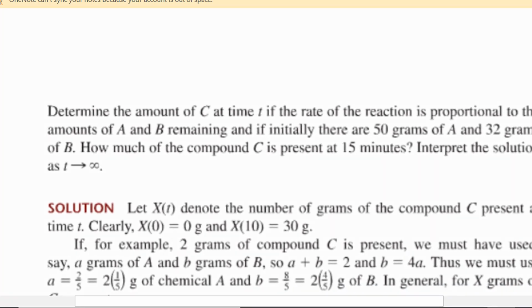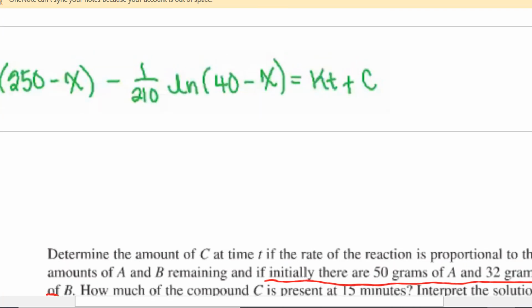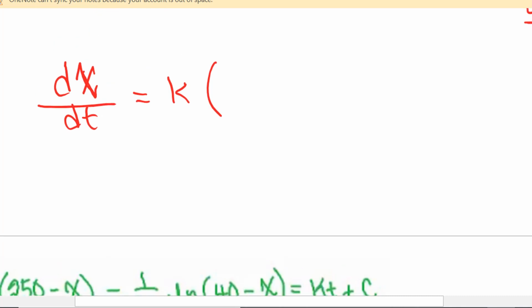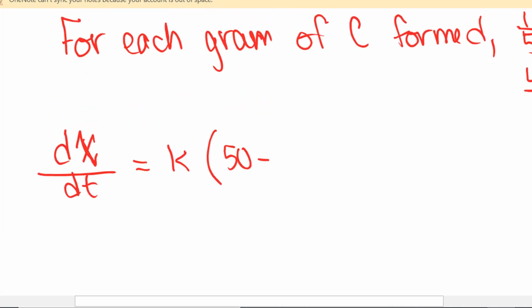So it says initially there are 50 grams of A and 32 grams of B. So what we're starting out with is 50 grams of A, but then for every gram of C formed, we're losing 1/5 of a gram of A. So we have 50 grams of A minus 1/5 times the number of grams of C.